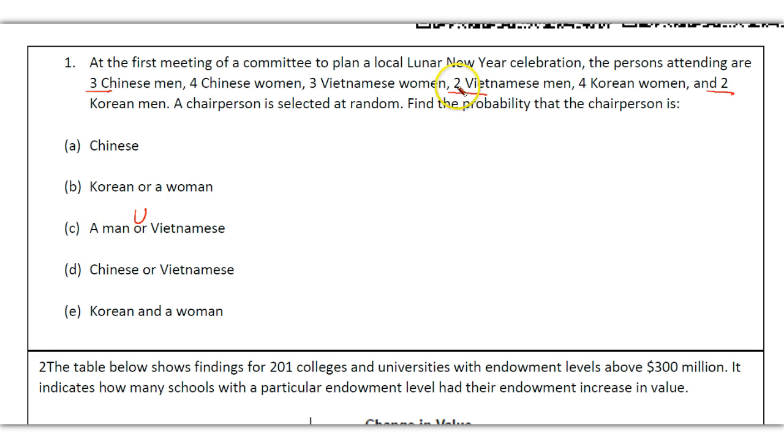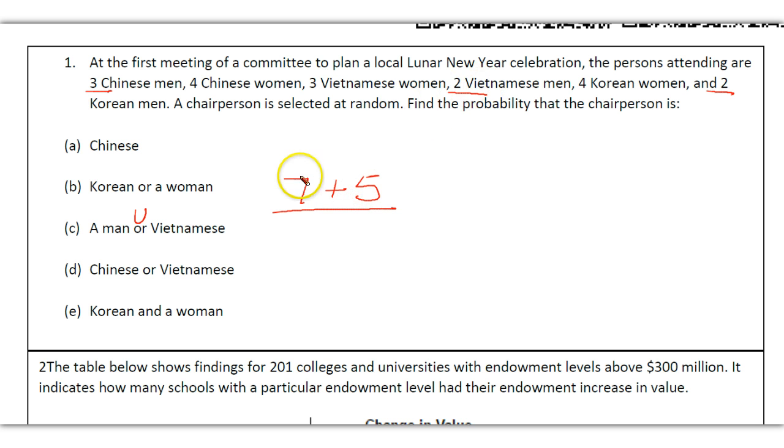So a man. There are 2, 2, and 3. So there are 7 men. And Vietnamese, we have 3 plus 2 is 5.